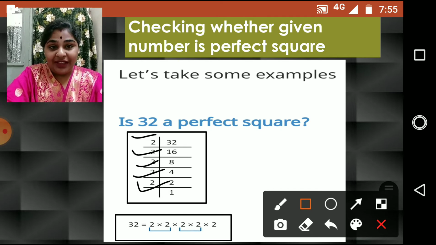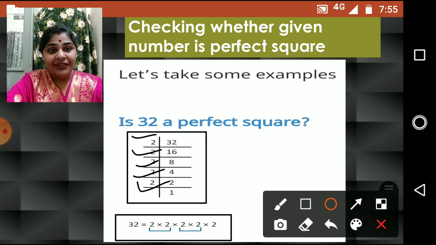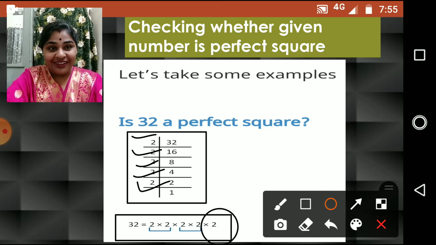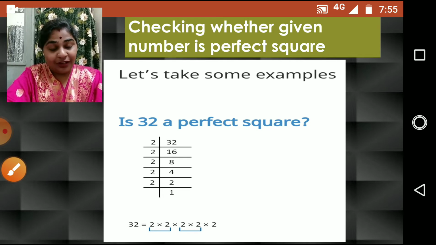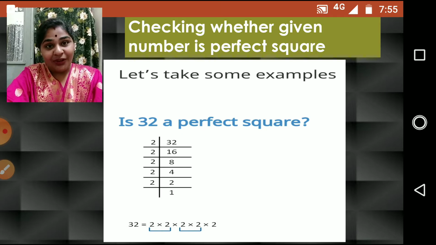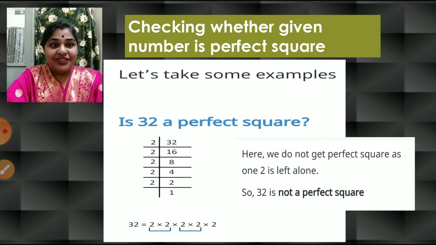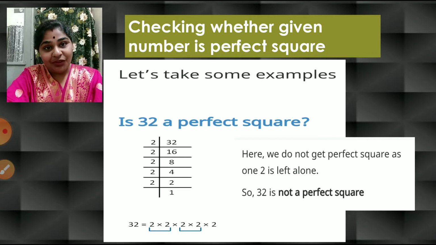Now when we pair, we get two pairs of 2 and one 2 is alone, right? When a number is left alone in the factors, we understand that it is not a perfect square. So 32 is not a perfect square, children.